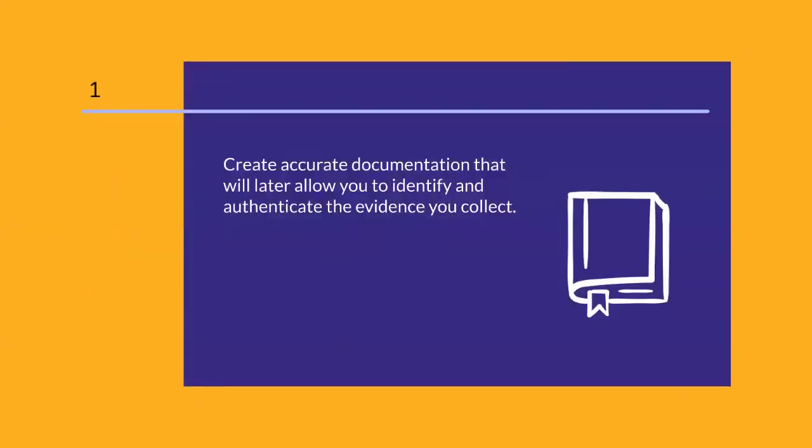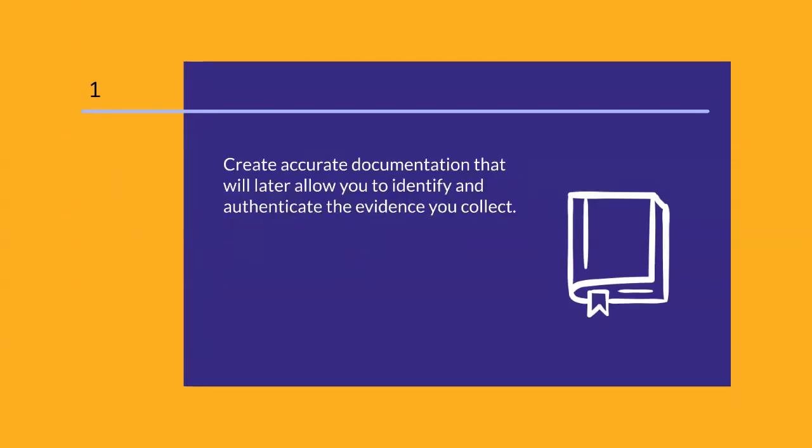Create accurate documentation that will later allow you to identify and authenticate the evidence you collected. Ensure that you note any item of potential interest and log any activities that might be of importance later in the investigation.